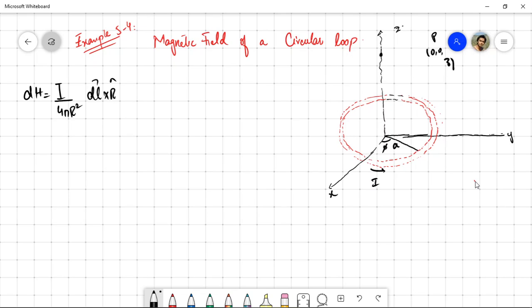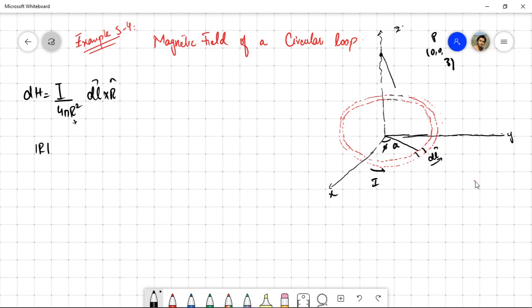First of all, we need to calculate the value of r. So what is the magnitude of r? If this is dl, because we have to take dl according to our own requirement, what will be the vector r?